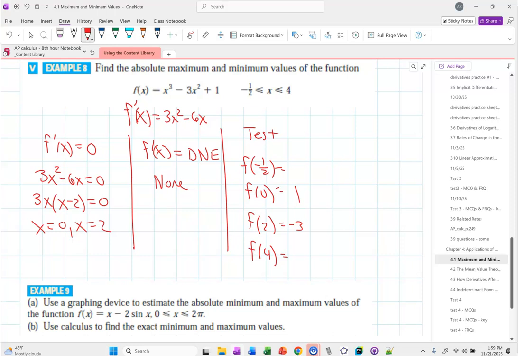Now the next one in full. 64 minus 48 is 16, plus 1 is 17, I think. The negative 1/2, let's see, that's negative 1/8 plus 3/4 plus 1.